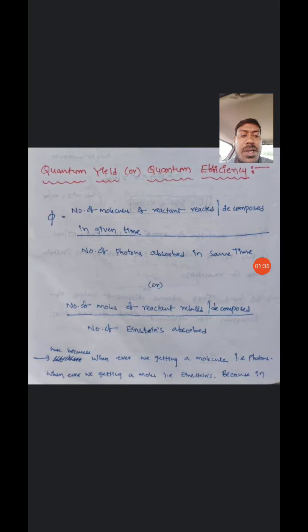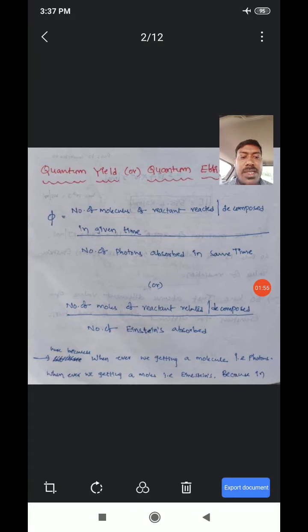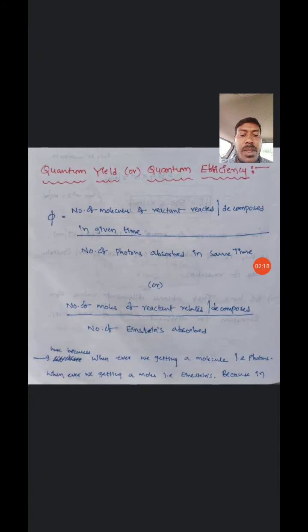Quantum yield or quantum efficiency. Quantum yield or quantum efficiency is indicated by phi. Here it is the number of molecules of reactant reacted or decomposed in a given time, divided by the number of photons absorbed in the same time. So phi is equal to the number of molecules of reactant reacted or decomposed in a given time by the number of photons absorbed in the same time.